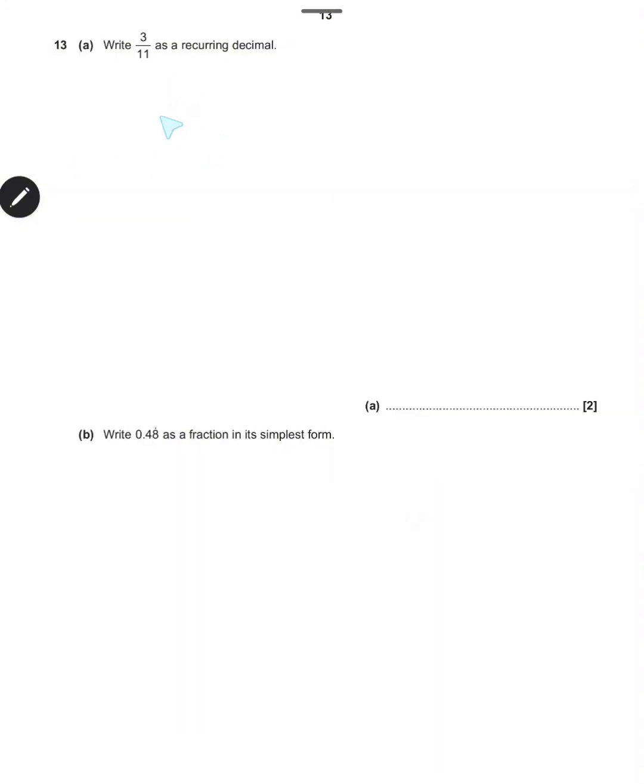Question 13, just going to turn a fraction into a decimal, and a fraction is just a division, so 3/11 becomes 3 divided by 11, which is how many 11s in 3?